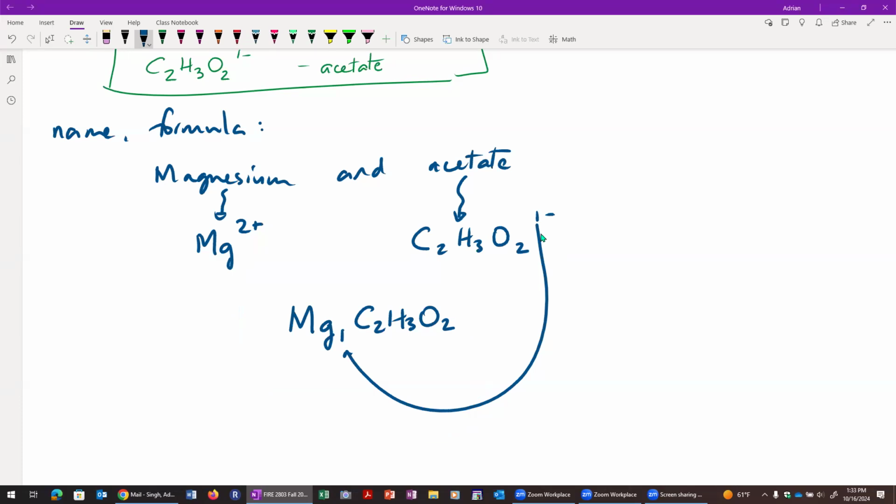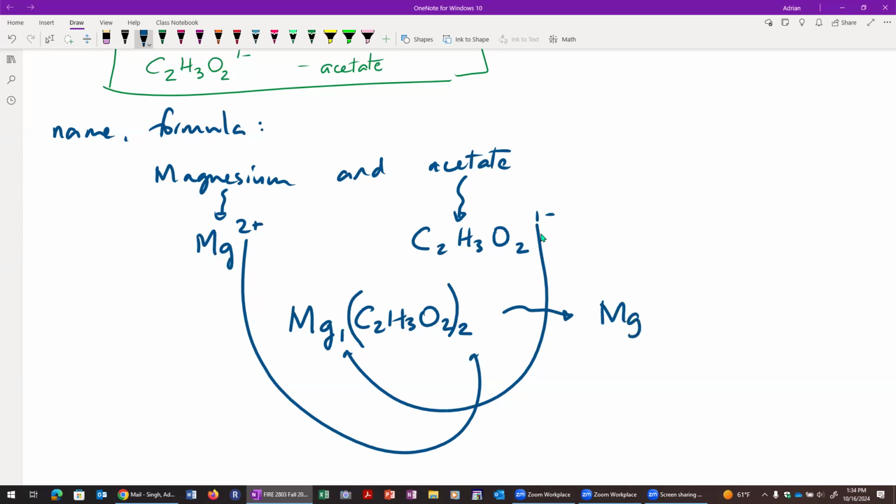Well, this is where the use of parentheses is going to be important. If you have more than one of a polyatomic ion in your formula, you need to put it in parentheses, and then you put the subscript on the outside of the parentheses, right? So this is telling me I need 2 acetates for every 1 magnesium, and I clean up my formula.